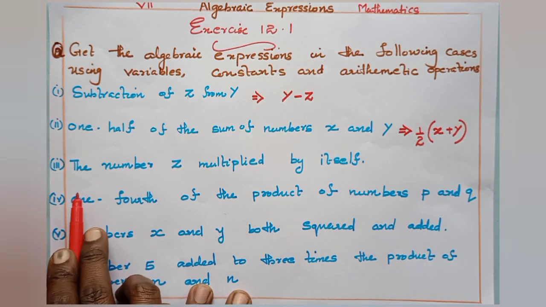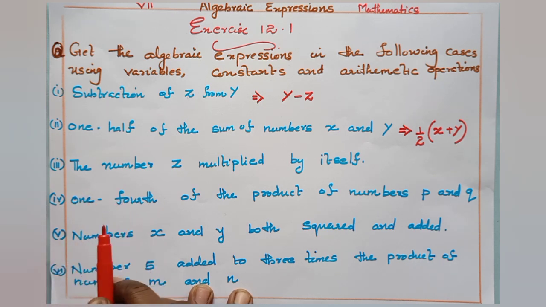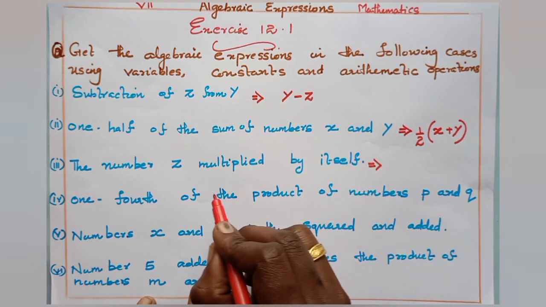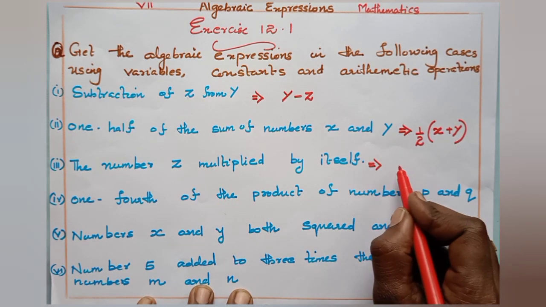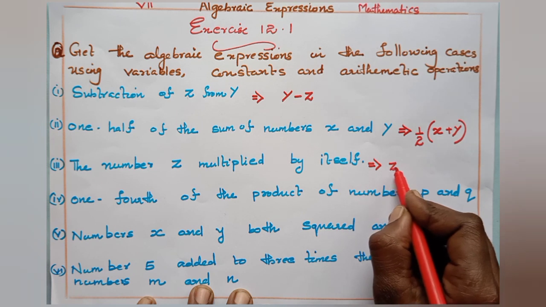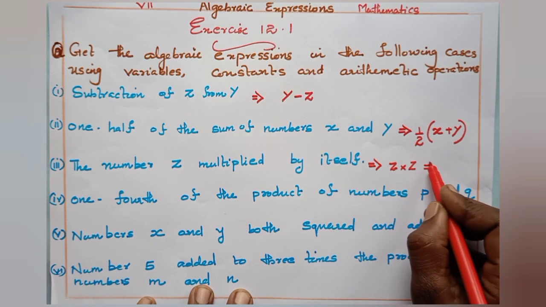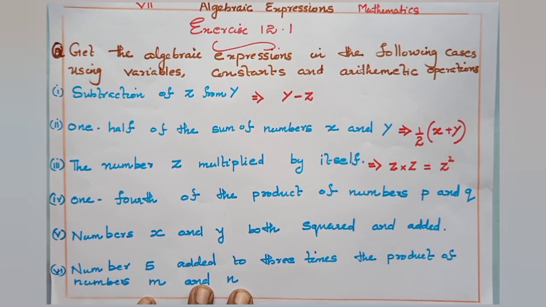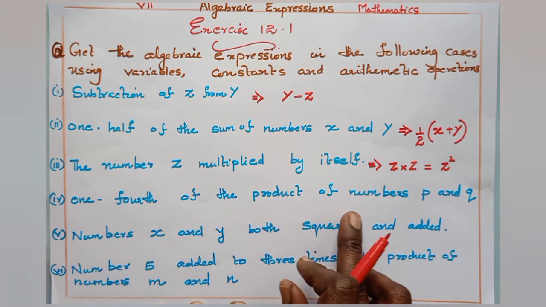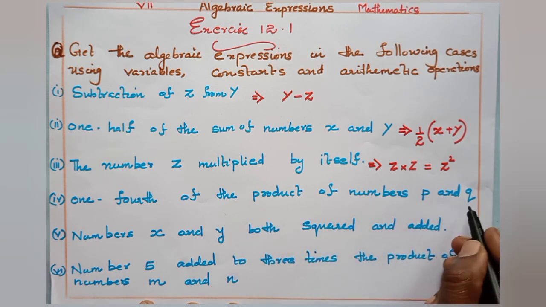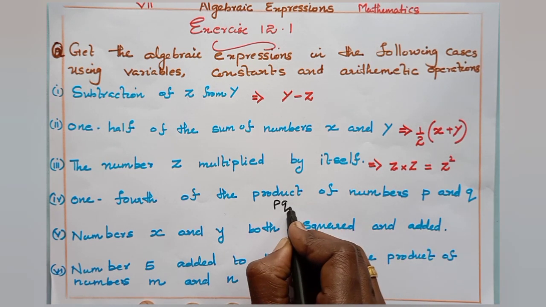Then third question, listen. The number z multiplied by itself. Z multiplied by itself means z into z, which equals z square. Okay, that is an algebraic expression. Then 1/4 of the product of numbers p and q. The product of numbers p and q, p into q, is pq.